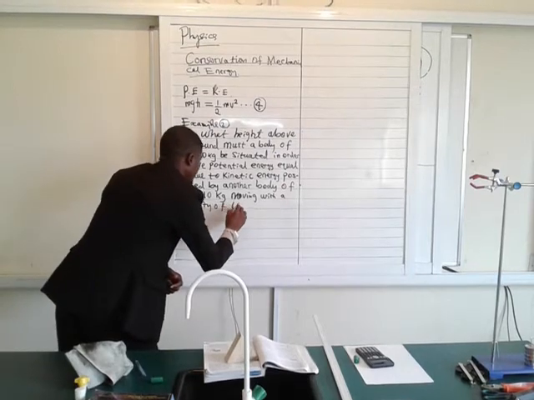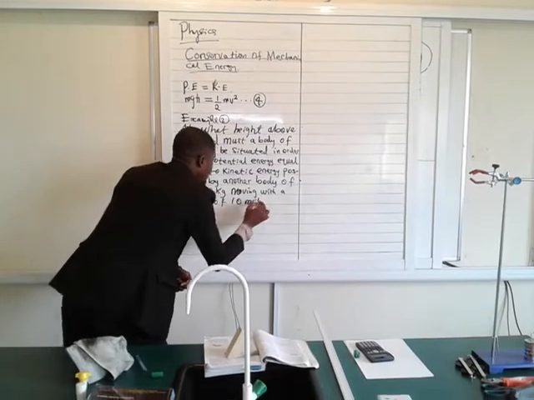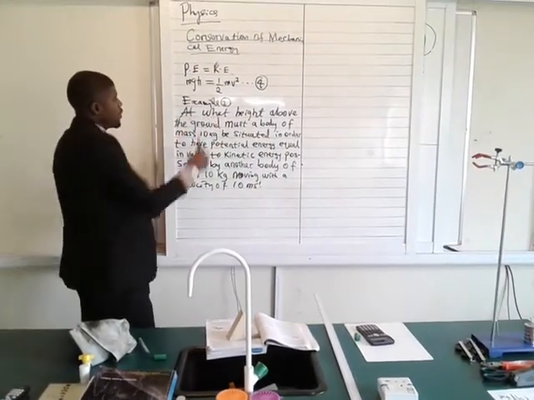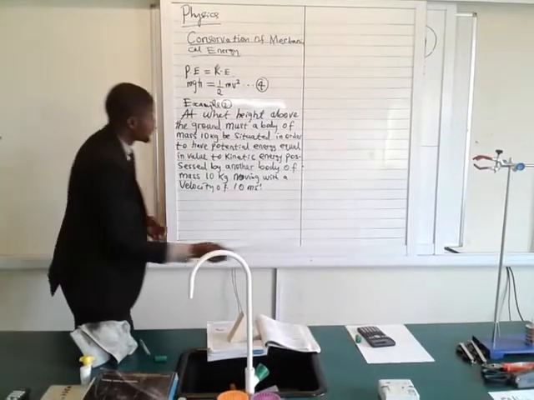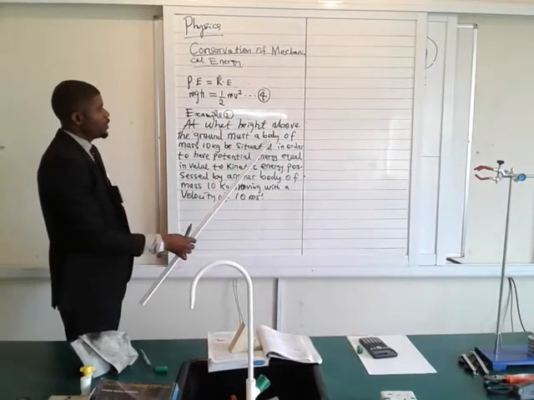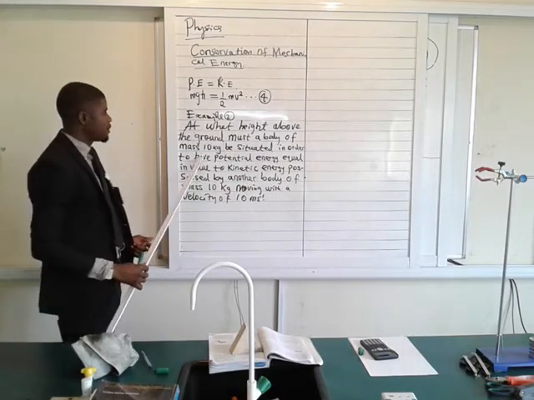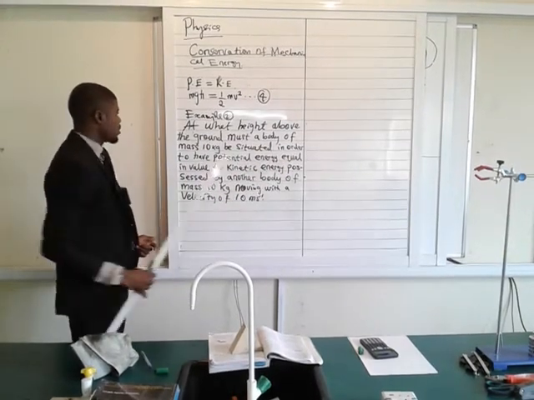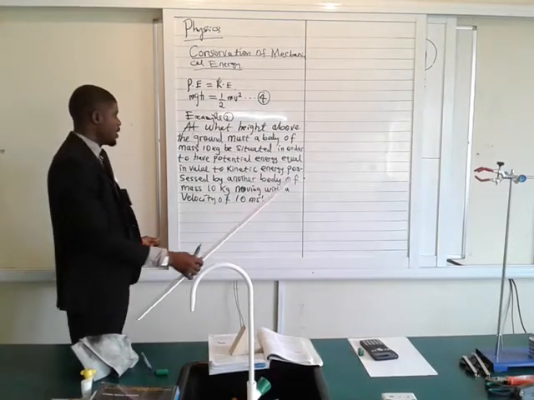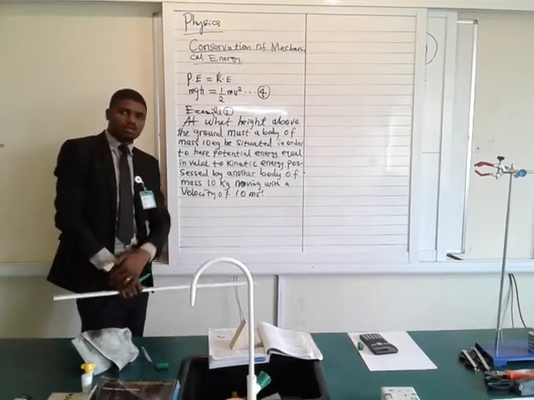Let's read. At what height above the ground must a body of mass 10 kg be situated in order to have potential energy equal in value to kinetic energy possessed by another body of mass 10 kg moving with a velocity of 10 meters per second?